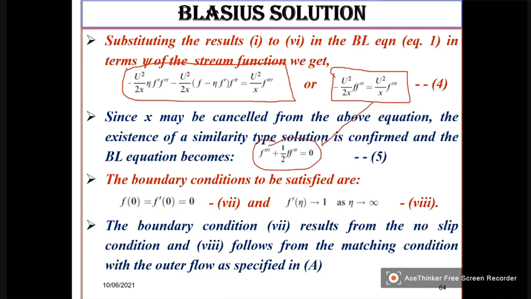Simplification of this: this square will go, x will go. So you will be left with f triple dash plus half f f double dash is equal to 0. And these are our boundary conditions.